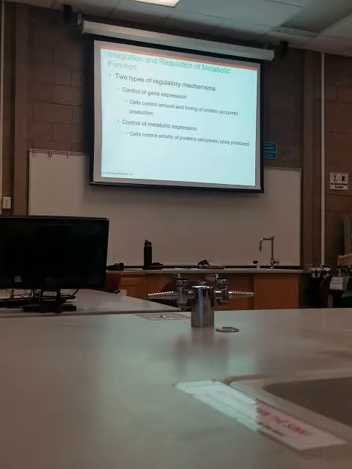That's going to give you an enzyme eventually. So you can control gene expression: you don't make the enzyme if you don't need it, so you don't transcribe the gene, you don't translate the messenger RNA. So you can control transcriptionally and translationally gene expression, or enzyme production.